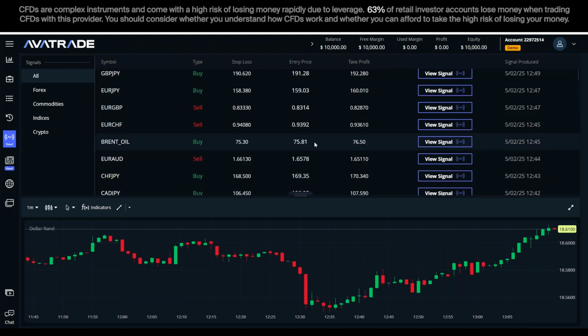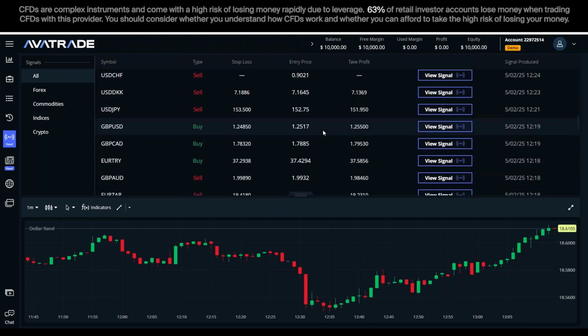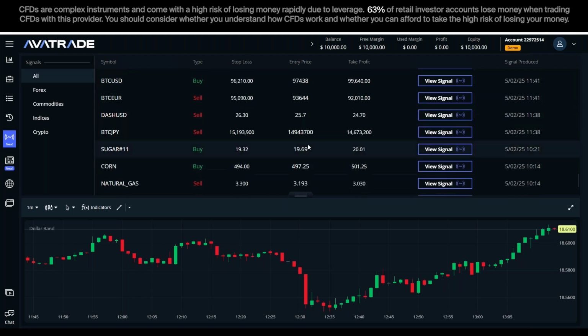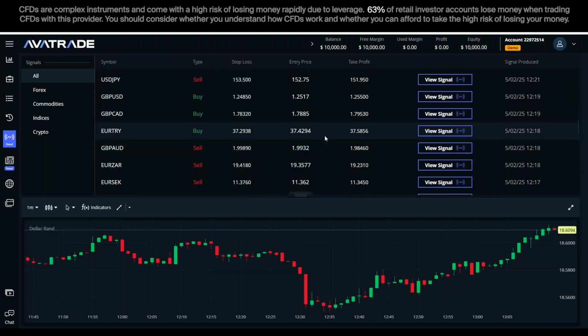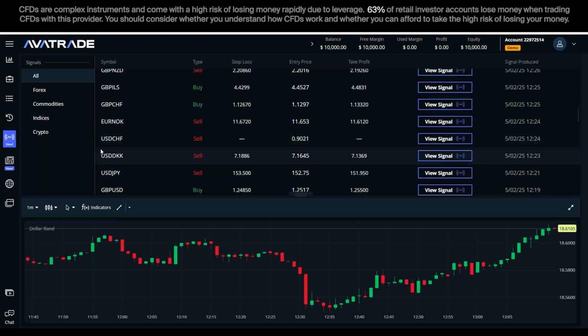Sometimes the signal will appear like... I'm just trying to find something, let's go with USD CHF, as an example. I want to use the signal here, but it looks a bit different.